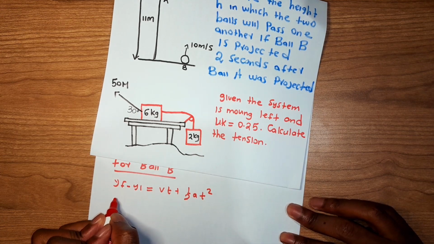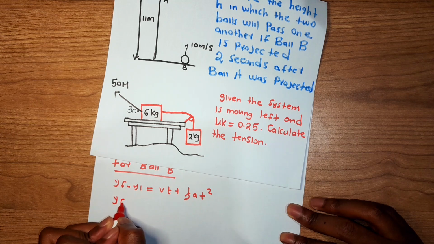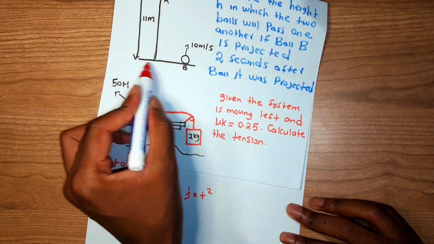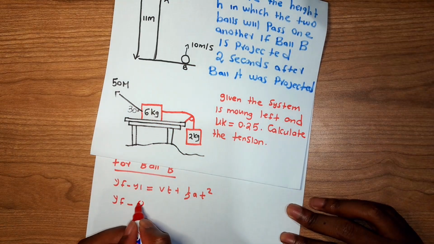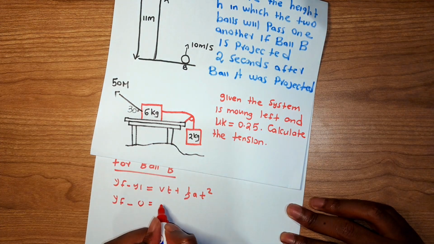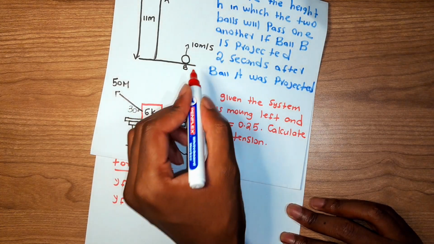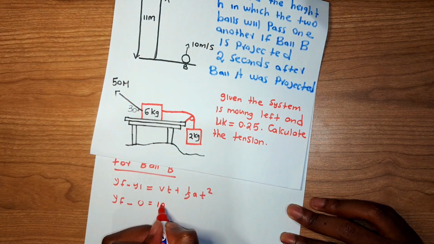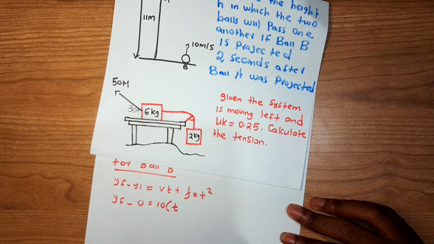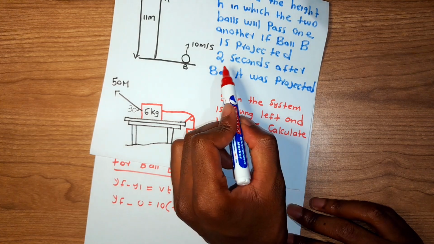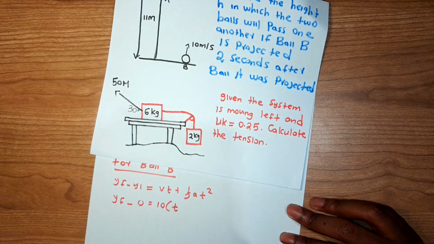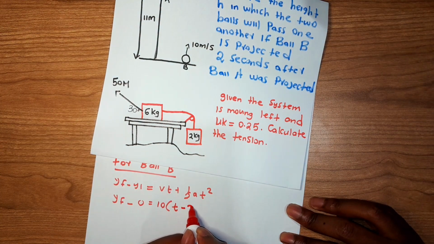So what is our y final? It is what we're looking for. The y initial, as you can see, was on the ground, so it is going to be 0. The initial velocity is 10, times t. But because this ball was projected 2 seconds after ball A was projected, you're going to minus 2 here.